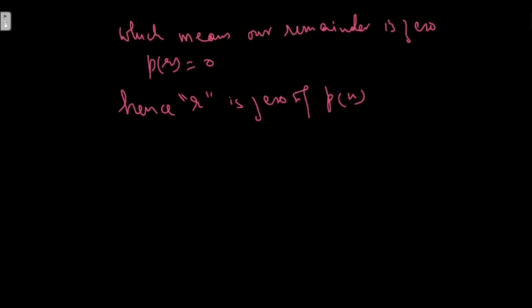Let us take an example of an equation of a polynomial, say x cube plus 2 times x to the power 2 minus 5 times x minus 6.